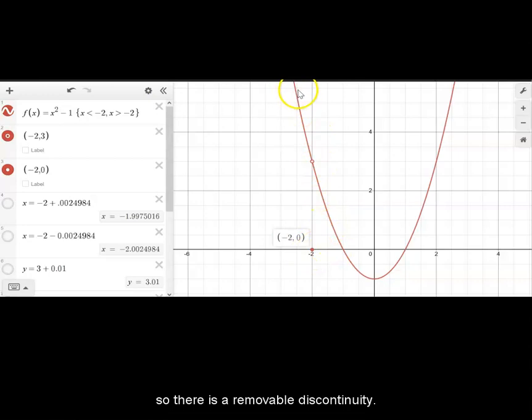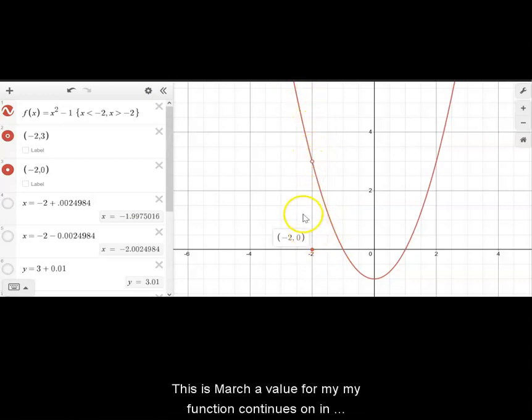So there's a removable discontinuity. It's just a small jump here, right? This is not jump discontinuous because, yeah, it jumps in value, but my function continues on in the same place. So it's just a hole. It's a removable discontinuity because I could put this point back, and it would be continuous.